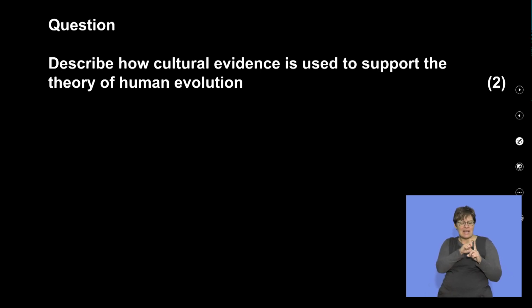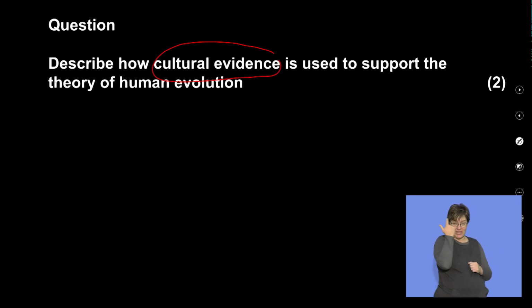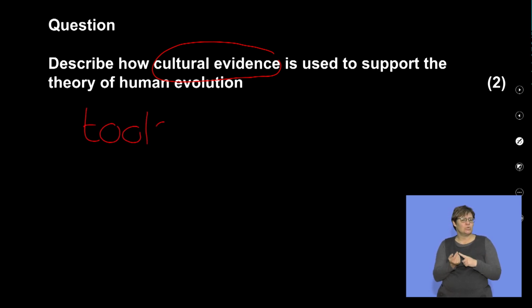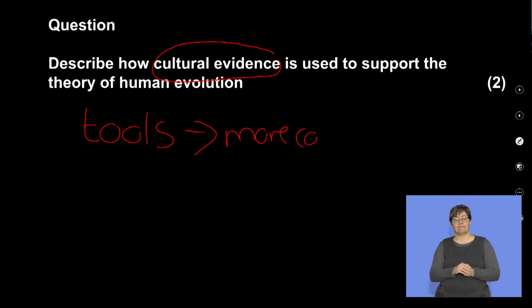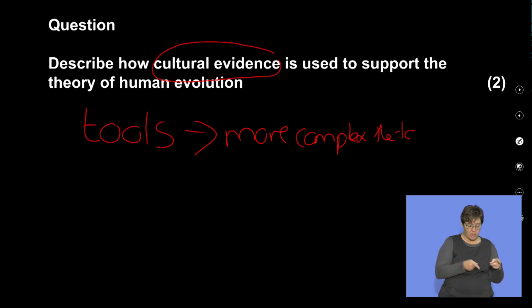Describe how cultural evidence is used to support the theory of human evolution. Now it's for 2 marks. What is cultural evidence? The first one is tools. What do tools show us? Tools show us the more complex the tool, probably, what else?